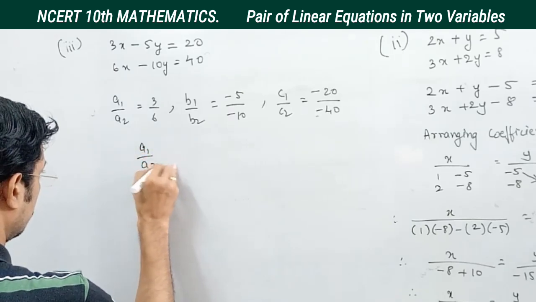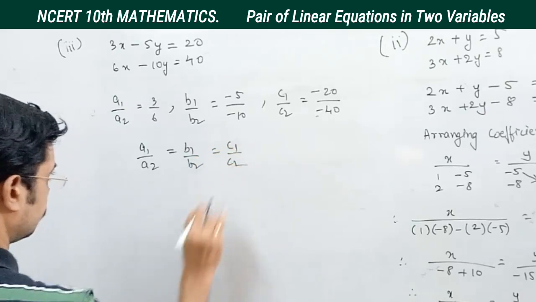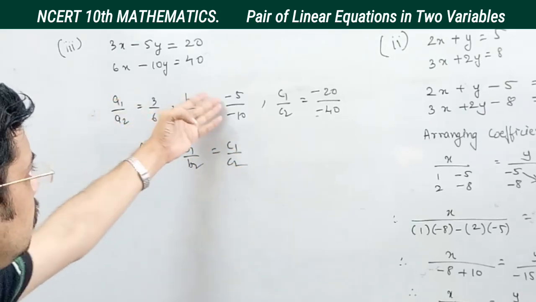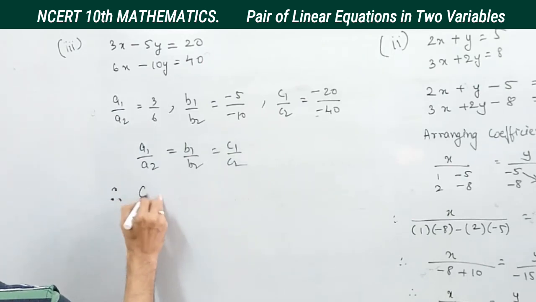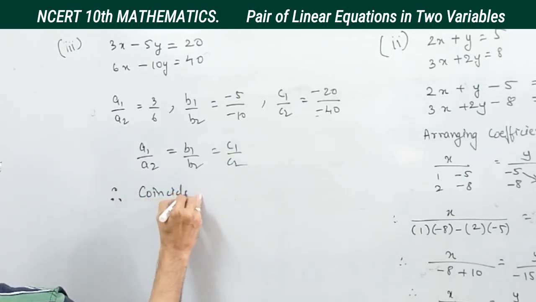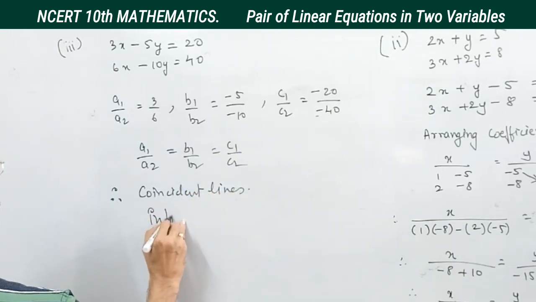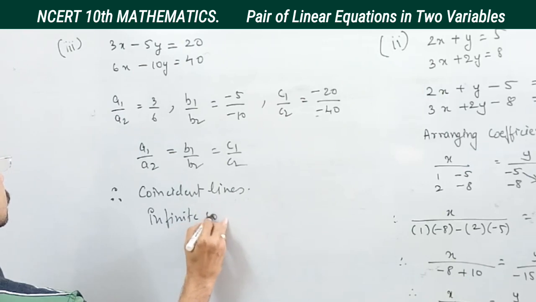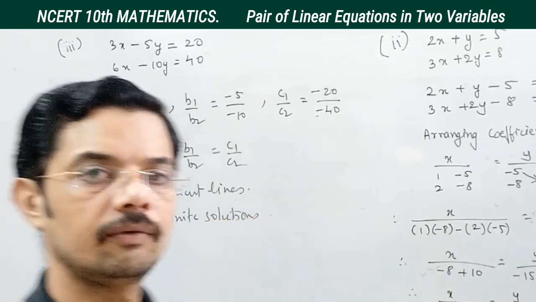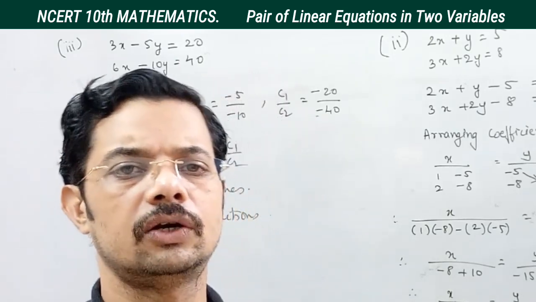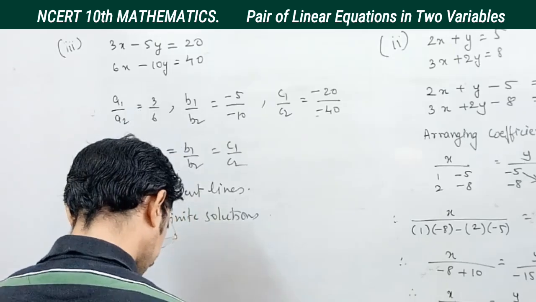So all of them are equal. Therefore, coincident lines, infinite solutions. We need not find them using cross multiply. Let us move on to the next problem.